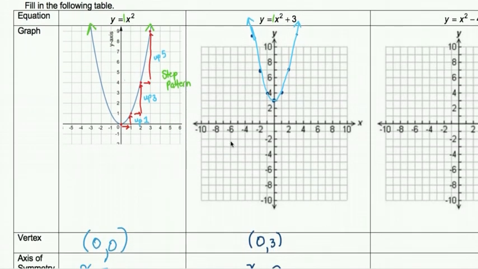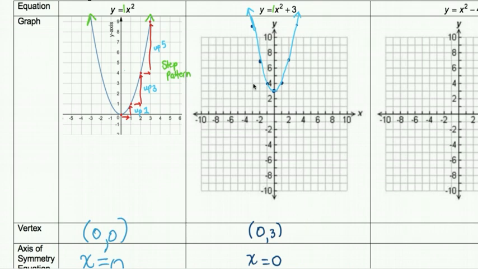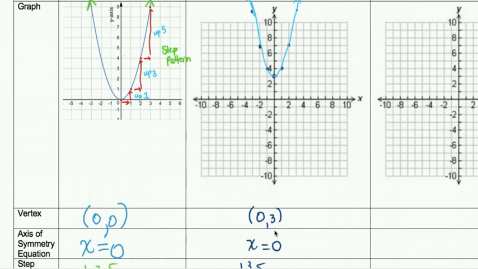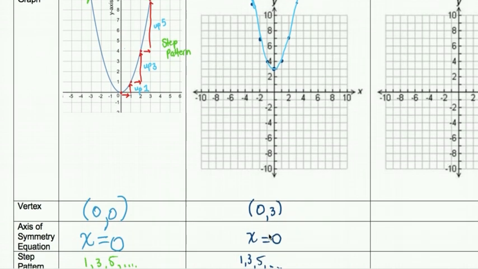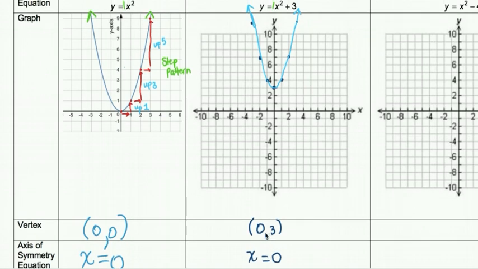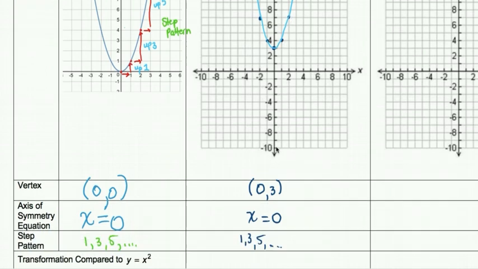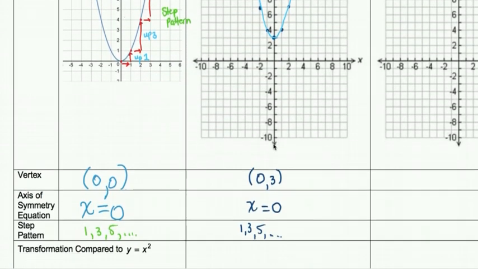Okay, so now if we analyze the information here, we know the vertex is at 0, 3, the axis of symmetry is at x equals 0, the step pattern was 1, 3, 5, as you go over 1, up 1, over 1, up 3, over 1, up 5. So how will we describe this?